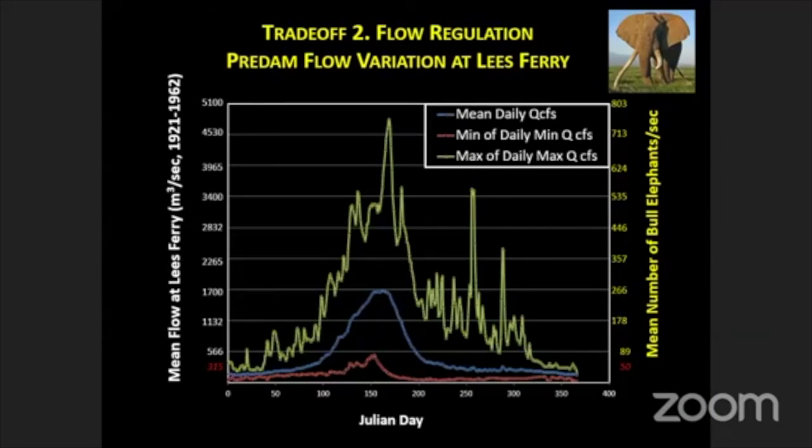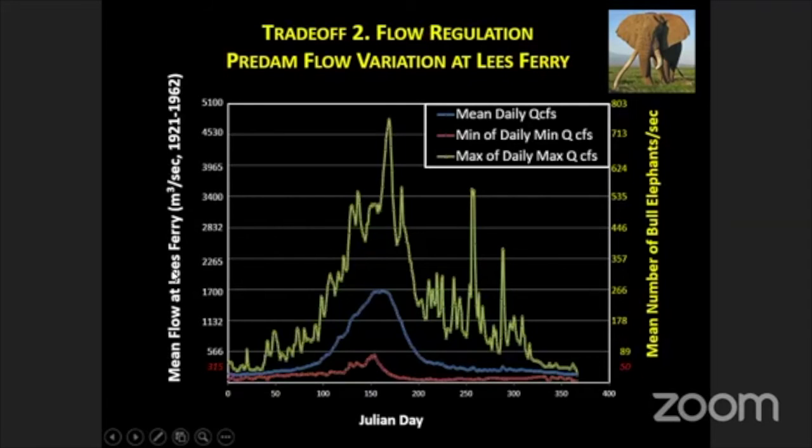Okay, the second trade-off has to do with flow regulation. Pre-dam flow variation at Lee's Ferry, one of the leading gauges at the upstream end of Grand Canyon, provides a depiction of how flow changed from low flows, the average minimum flows in pre-dam time, the mean flows in pre-dam time shown here in blue, and the extreme high flow events that came through the system shown here in green.